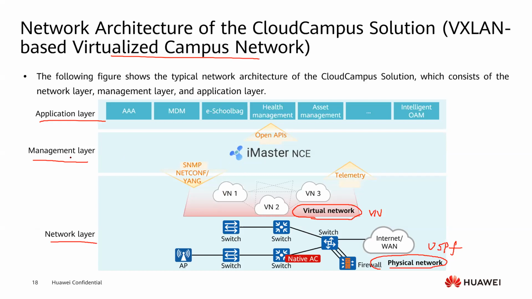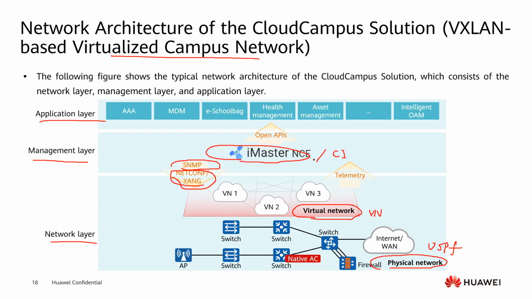And for the management layer, it's just our controller, the CI, the Campus Insight analyzer. It can use the traditional SNMP to manage all devices. You can also use NETCONF and YANG to automatically manage all the devices and to automatically deploy the whole network.